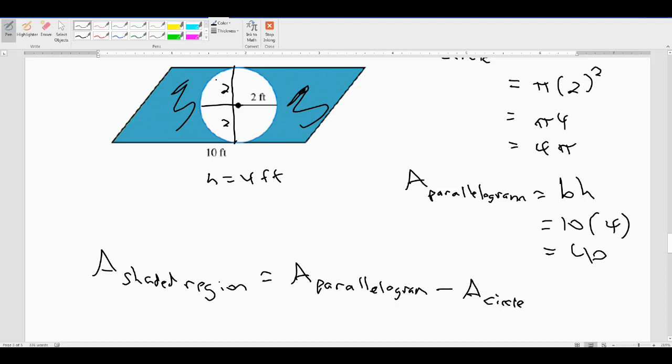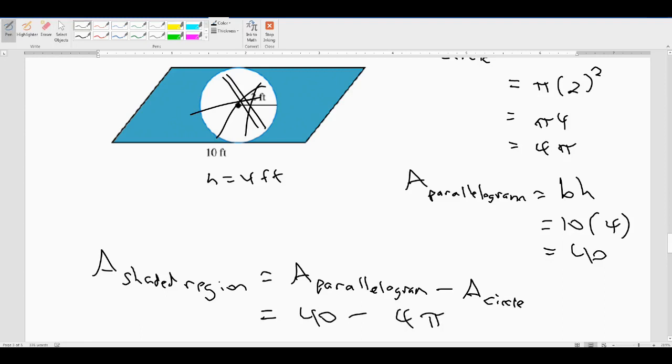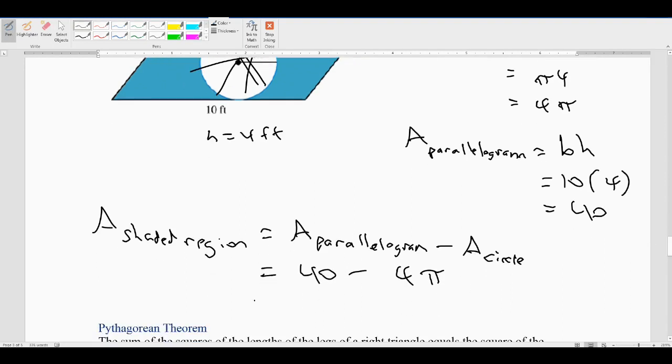See that? The circle isn't shaded. What that means is I need to get rid of all that. It's got to go. So I'm going to take my 40 and subtract my 4 pi to find the area of the shaded figure only. So this is a subtraction problem at this point.